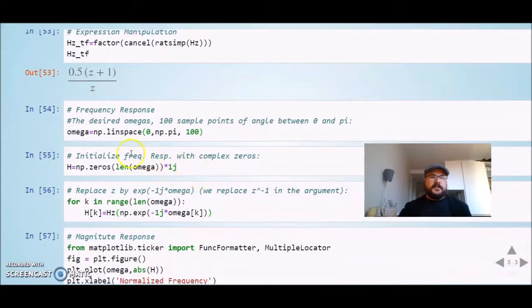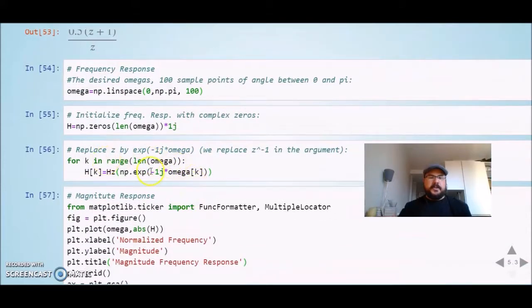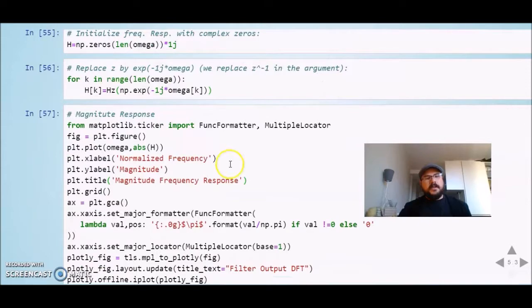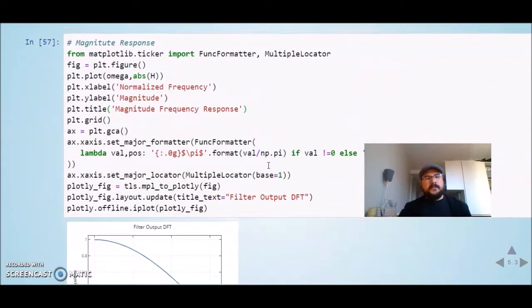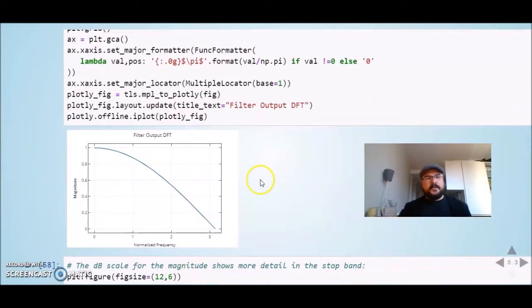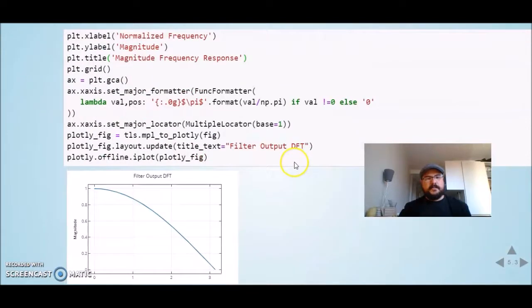We're initializing a frequency response with complex zeros, and here we are replacing Z by e to the power of j omega. And then we can compute here the magnitude response for 100 points.